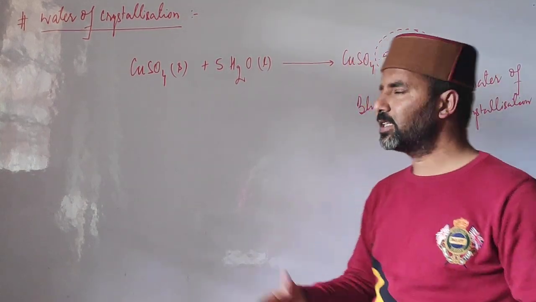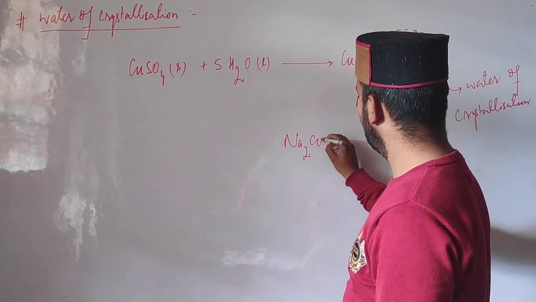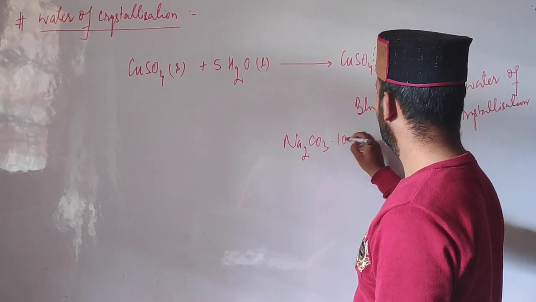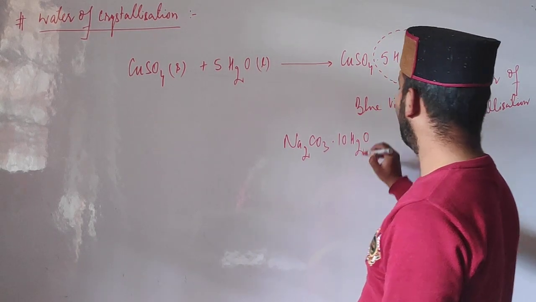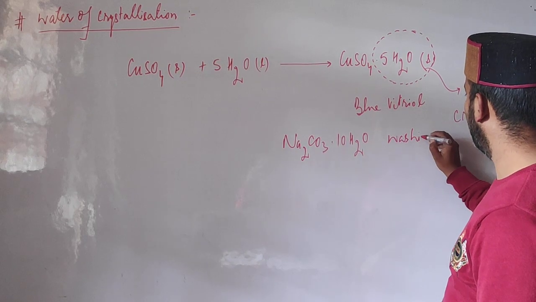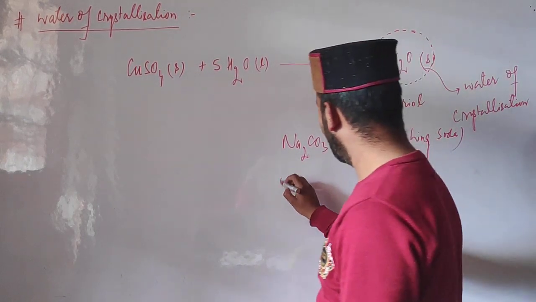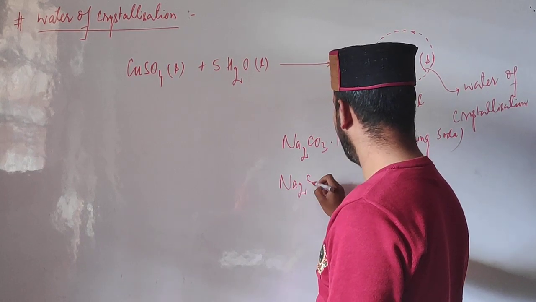We have many other examples, students, like sodium carbonate crystals, which are decahydrated, and we call this washing soda. Then sodium sulfate crystals are also decahydrate.